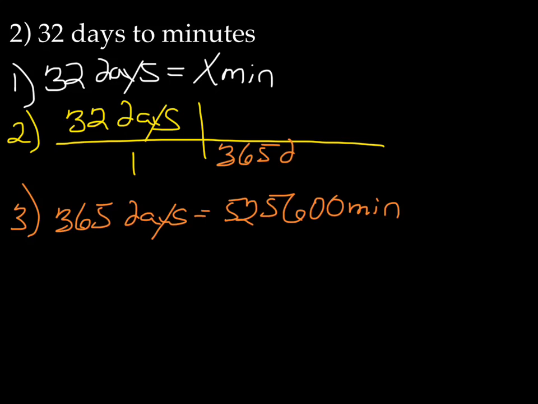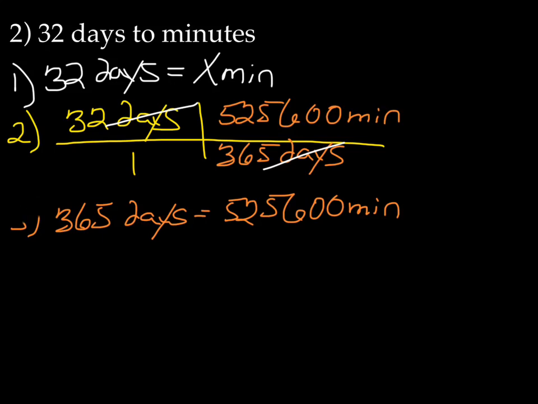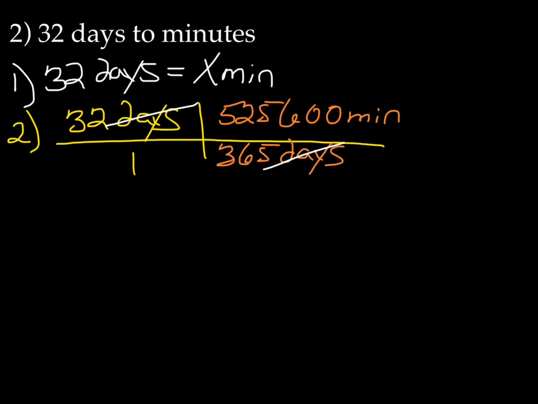Now these two numbers need to go into our grid, and I'm going to put 365 days at the bottom so that days crosses out with days. And the top is going to be 525600 minutes. And I'm now going to get rid of this stuff, get it out of my way. Alright, so I'm going to multiply across the top and across the bottom.